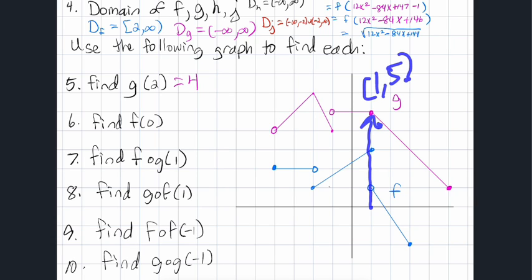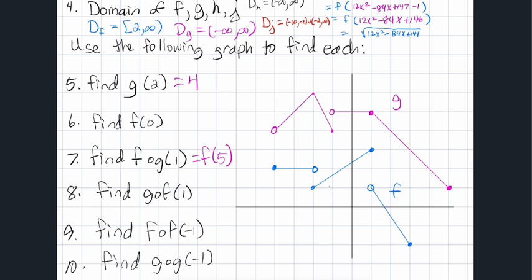Okay, so, oh, I skipped one, but we'll get back to it. I'm sorry, I skipped 6. We'll go back to it. But 7, f of G of 1, G of 1, this value is 5. So we're going to just change that to f of 5.